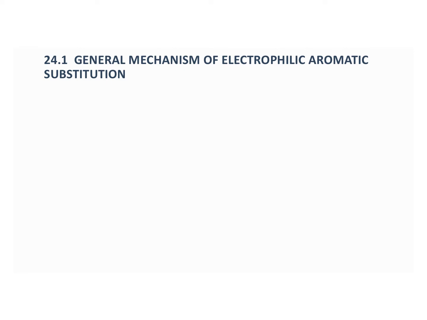Like alkenes and alkynes, the pi system of benzene is relatively electron rich, right? And in contrast, an electrophile is relatively electron poor. So if we look at this general reaction, here's benzene.